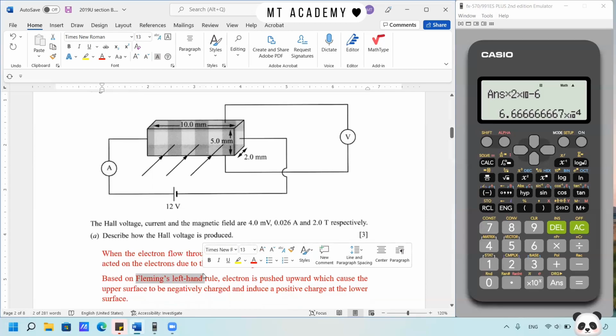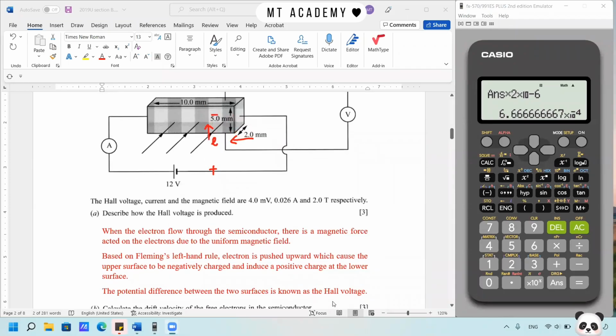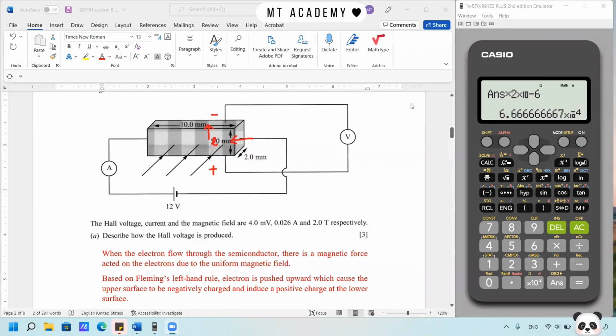When you apply your left hand, the electron will move in this direction, for the electron flow. So it is pushed upwards and causes the upper surface to be negatively charged and induces a positive charge on the lower surface. This potential difference between the upper and the lower surface is known as the Hall voltage, that provides electrostatic force on the electron.